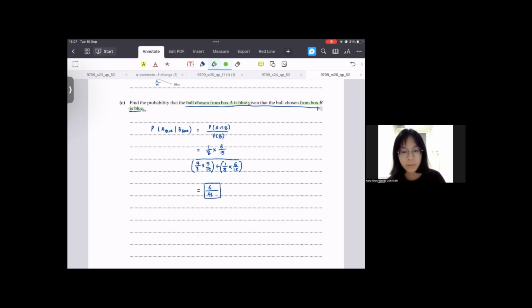So the formula for conditional probability is probability A intersection B, or we can also write it as probability event 1 intersection event 2, out of probability B, or in this case, probability event 2.